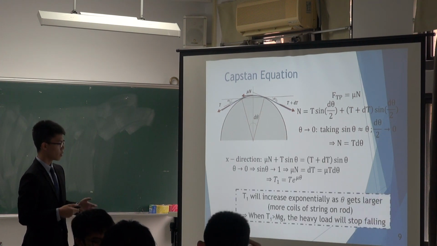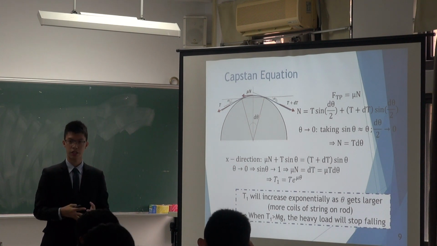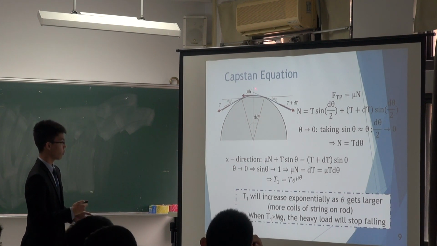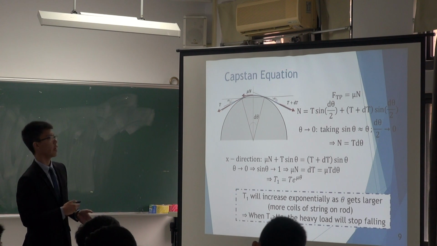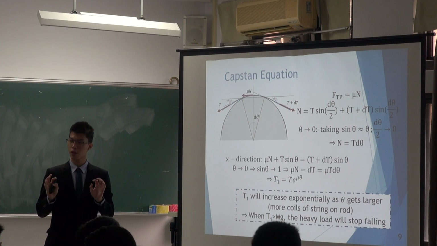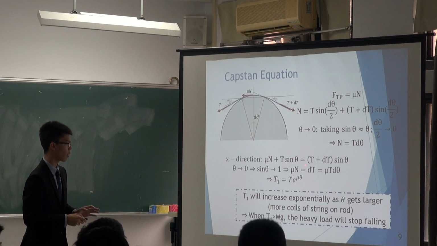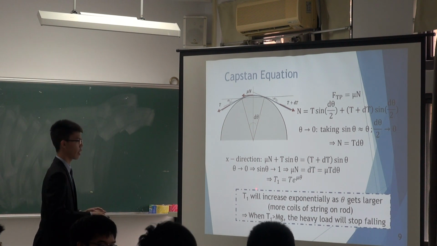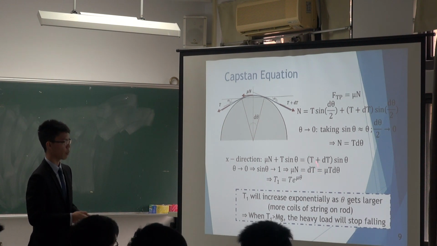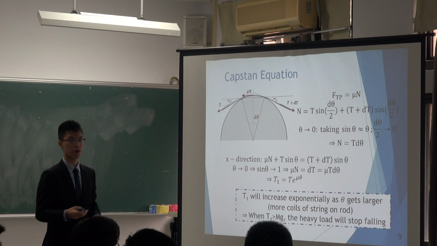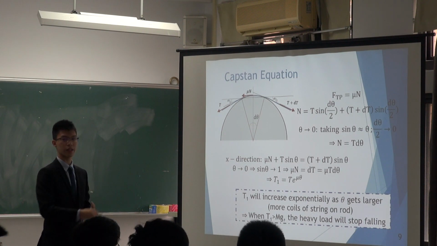through the method of calculus, we can derive that the relationship between the two tensions can be expressed in this form, which has a multiplication by the exponential of mu, the coefficient of friction, times theta.